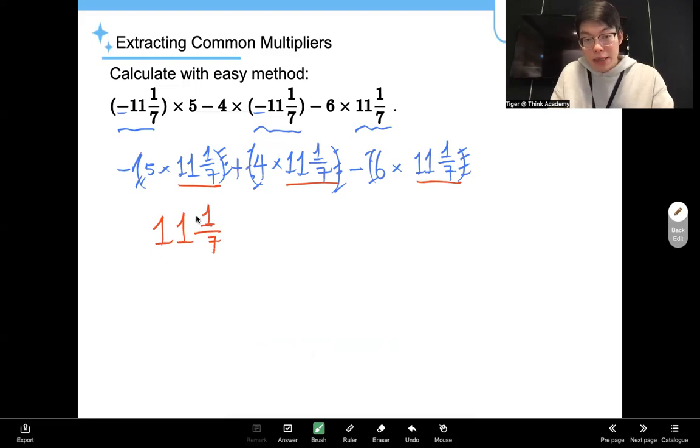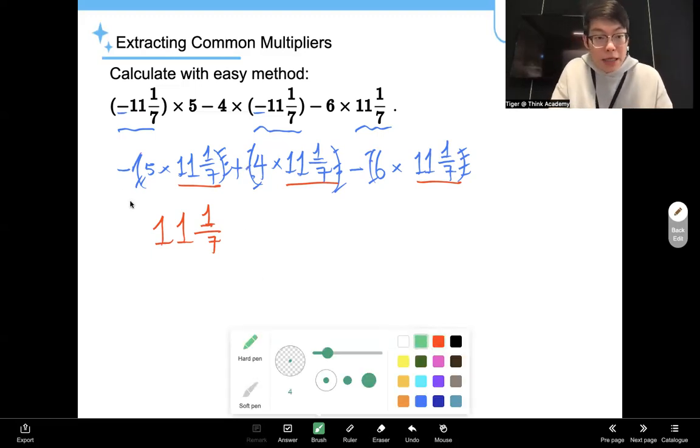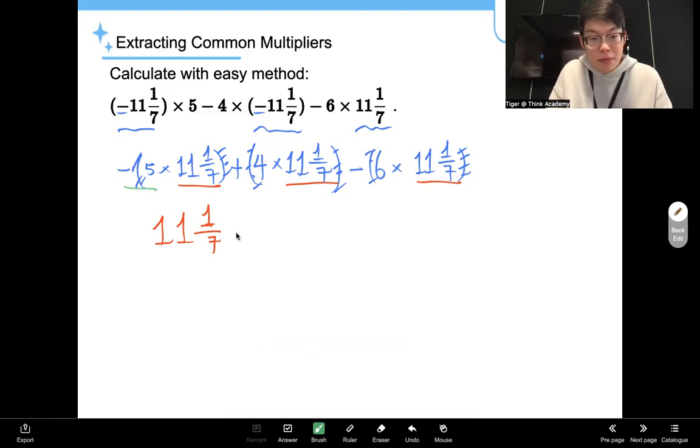And what should I multiply it by? I should multiply it by the sum of all the other multipliers, right? So we have minus 5, adding 4, take away 6.